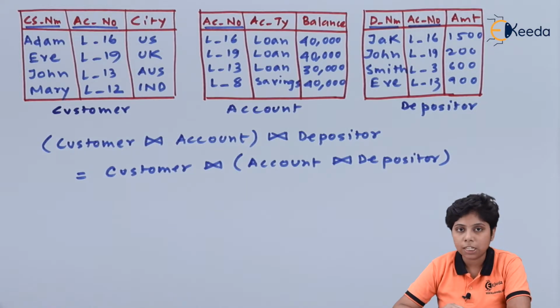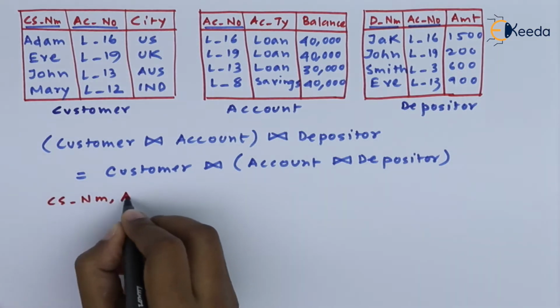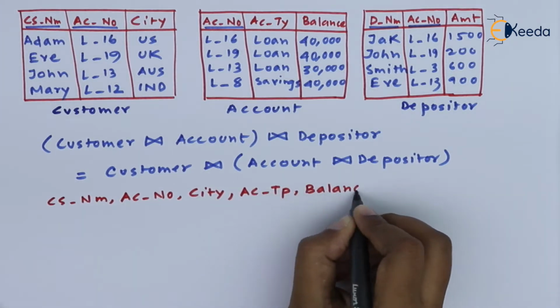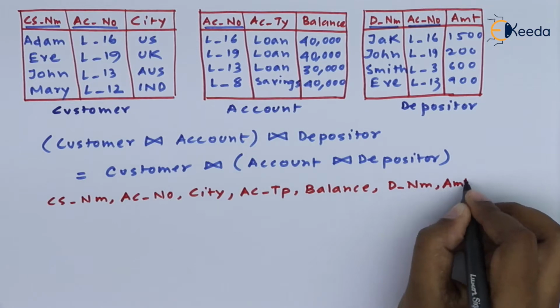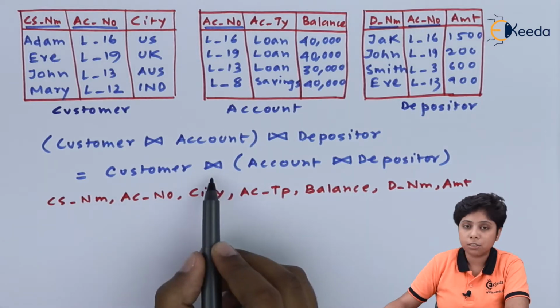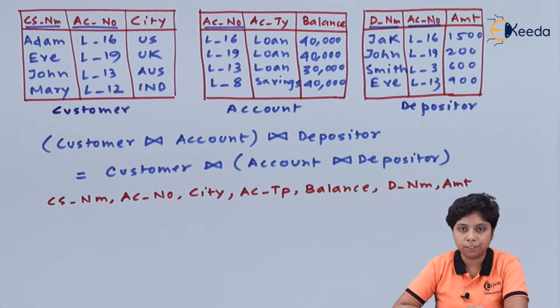So the resulting output relation will have the following attributes. I am naming only the attributes, not the values, because it would be long for this example. So this will be the resultant set of attributes of the customer, account and depositor natural join operation.